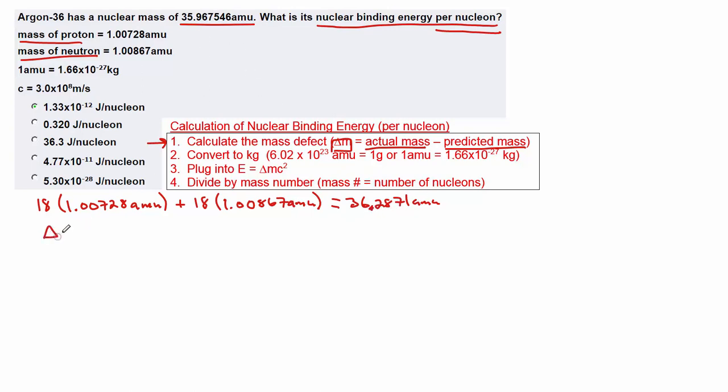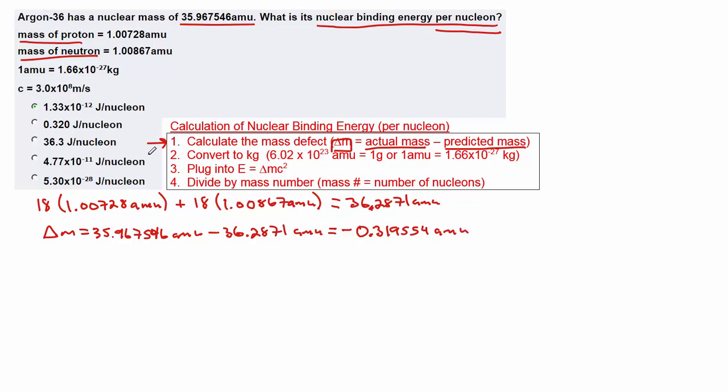So if we take the 35.967546 AMUs, that's a 4 by the way, subtract off the 36.2871 AMUs we just calculated, the difference is going to be a negative number. Your mass defects are properly a negative number, but you're only going to use the positive value, the absolute value, later on in the calculation, which is 0.319554 AMUs. So that's step number 1.